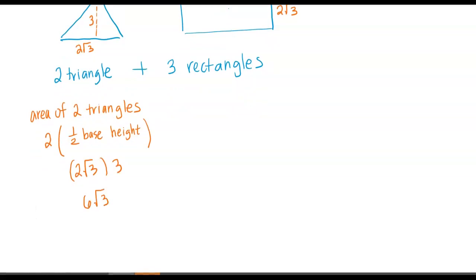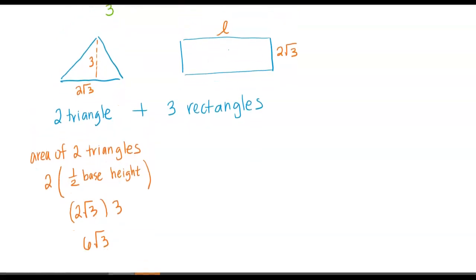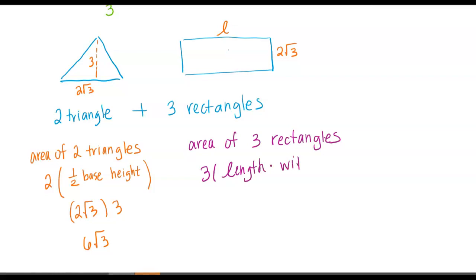All right, looking at the rectangles, the area of 3 rectangles is going to be 3 times the length times the width, which is 2 square root 3.